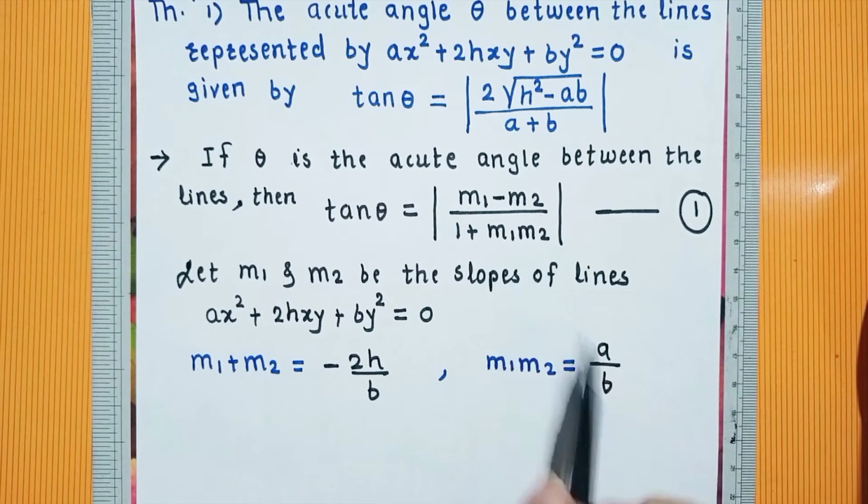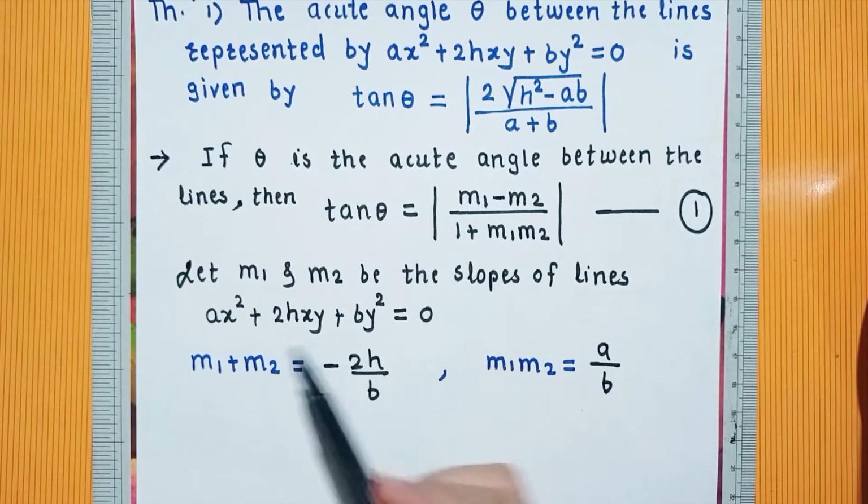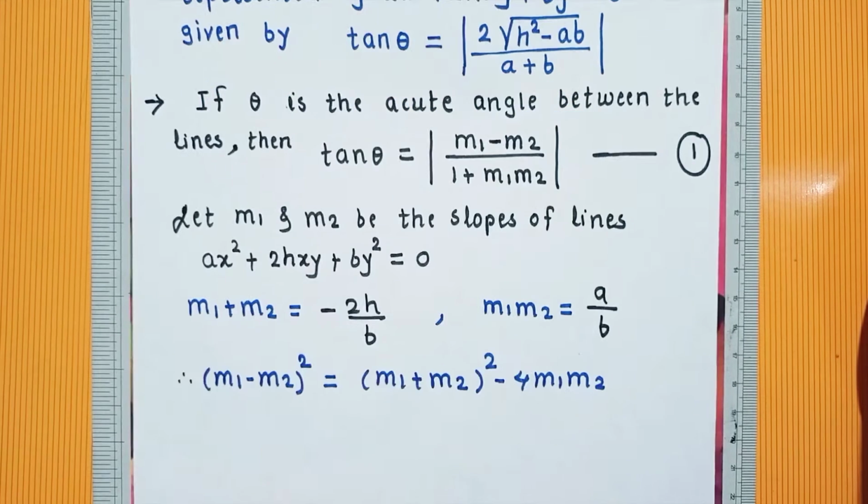Now look here, this product we know, but we don't know this subtraction. So first we will find this subtraction using this and this. Now we know (m1 minus m2) square equals square of the sum minus 4 times the product.